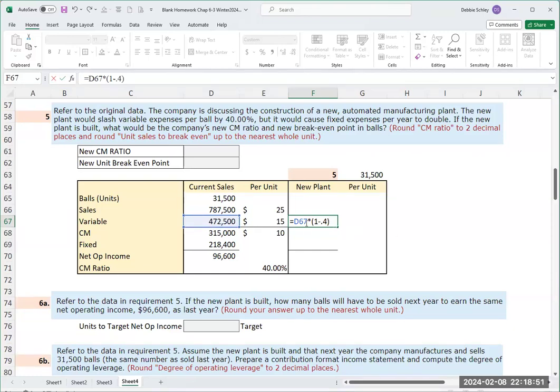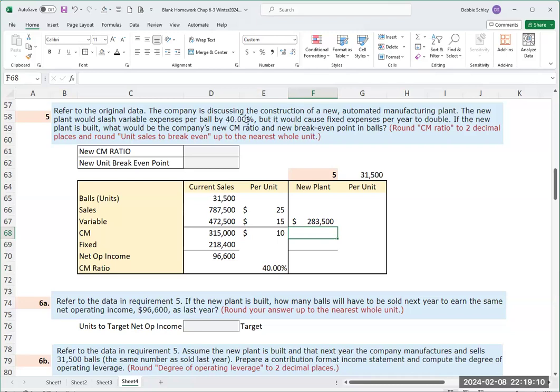So that's going to get me my new variable, because if it slashes, it's 1 minus what it slashes, and what I have left will be the 60%. So that's essentially what 1 minus 0.4 is doing, getting that to 60%.